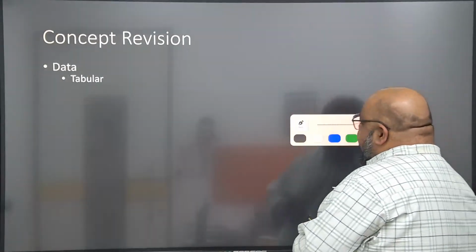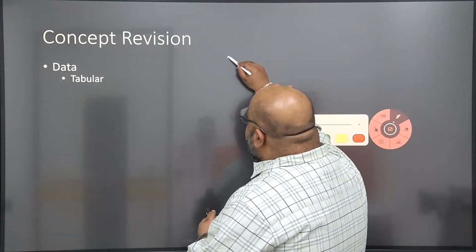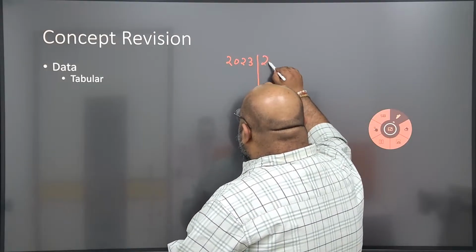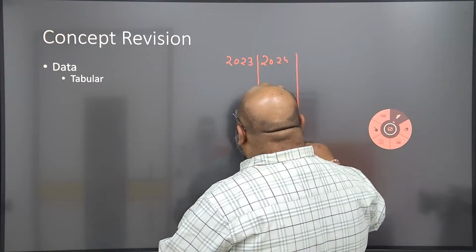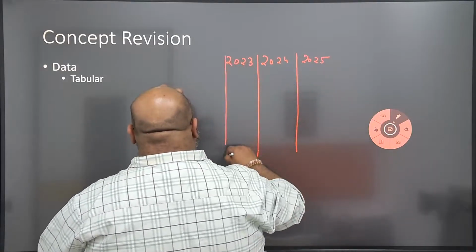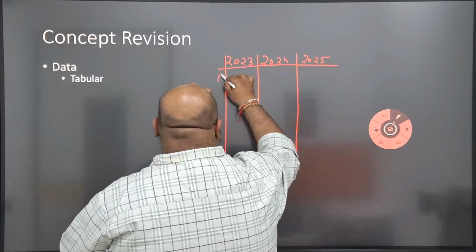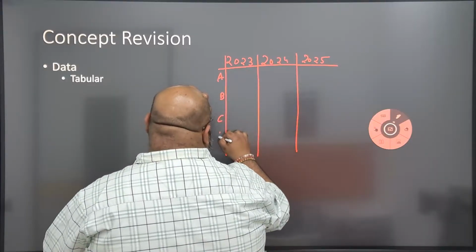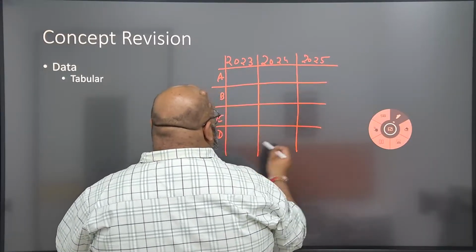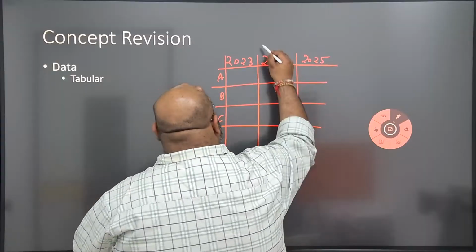For example, in the years 2023, 2024, 2025, there are say four companies A, B, C, D. All of these companies sell the same product in the market, and these are the only four companies that sell that product.